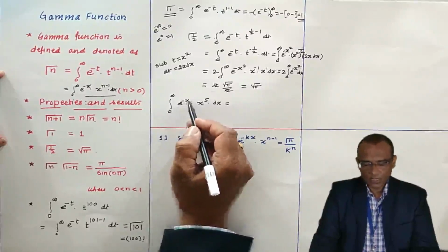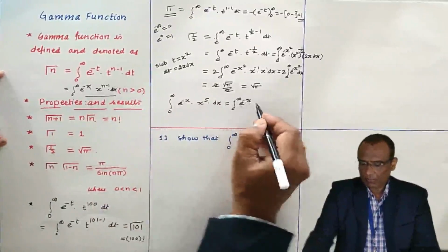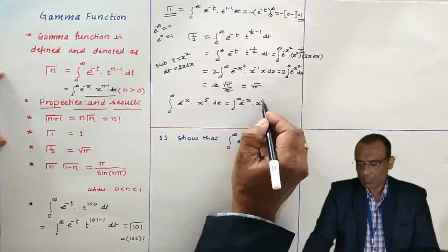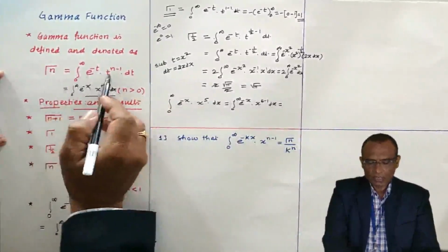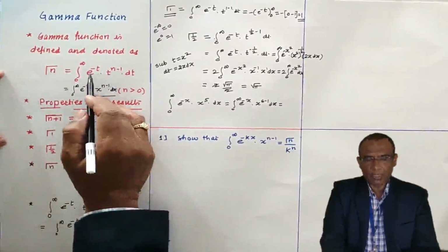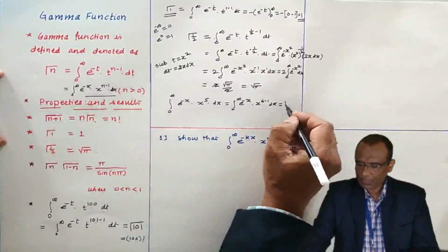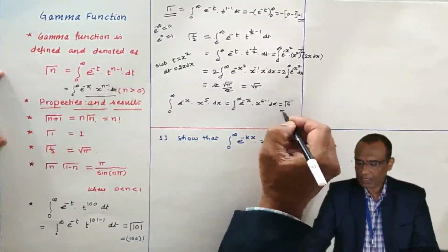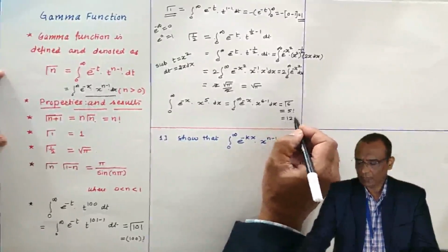And x power 5 can be written as 6 minus 1. If you replace n plus 1, gamma n plus 1 will be the integral of e power minus t, t power n dt. In that way, you can do it. This is gamma 6. And gamma 6 is factorial 5, and factorial 5 is 120.